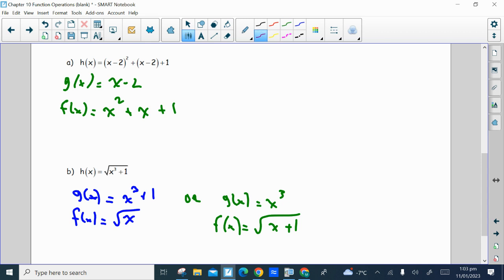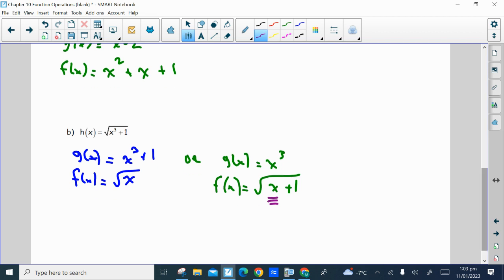That means replacing this x here with x cubed, and you still have the plus 1, which is exactly what h at x is. So there's two different ways you could set this one up. Two different sets that you can have for g and f to get h. There's not really an algebraic approach. It's just more or less looking for a pattern, maybe doing some trial and error, and then checking after to make sure that it works.